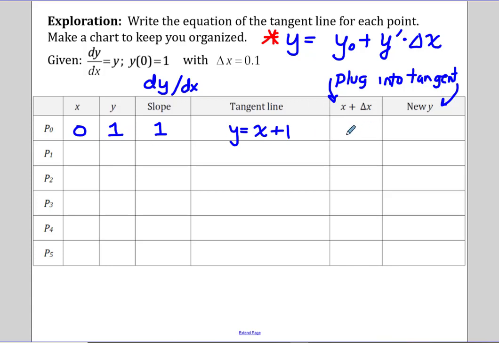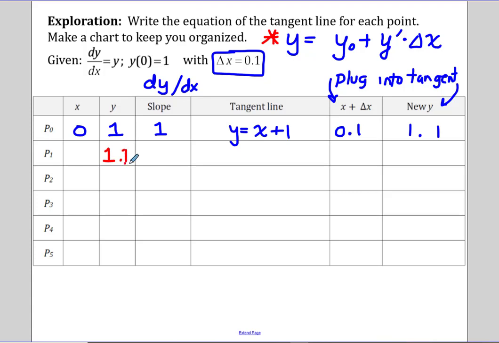And we want to go up. Our delta x is going to be increasing by 1/10. So it's a small increment, which will give us a good approximation. So since our y value was 1 and we added 1/10, our new y value is 1.1. And that would go right here.